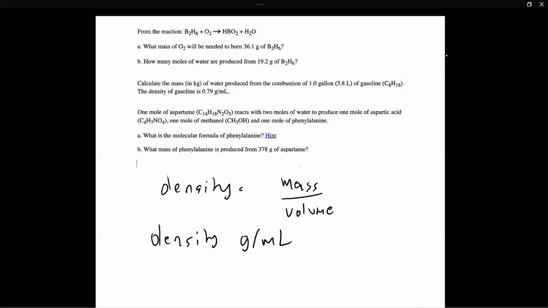That means the mass is measured in grams and the volume is measured in milliliters. So the first thing we need to do is find out the mass of gasoline. Why do we need to find out the mass of gasoline? Because we will use this mass to find out the moles of water produced.